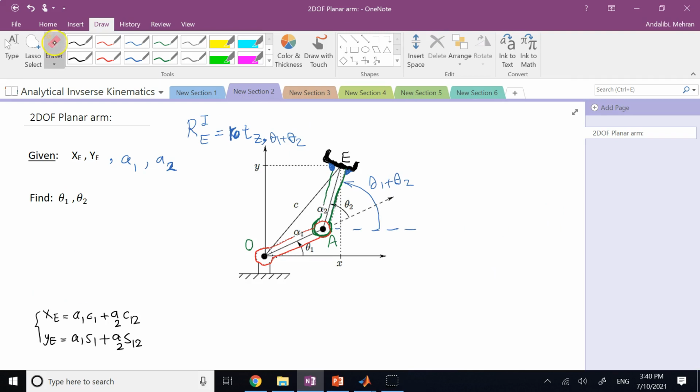Now here, I'll try to clean this up to provide some room to write whatever I want on it. So as I said, I call this point O, I call this one A, and that point over there is E. The goal is to find θ1 and θ2; x of E and y of E are given to me.